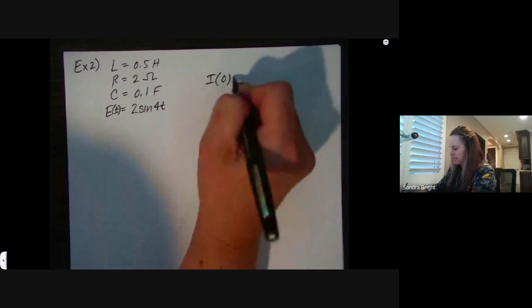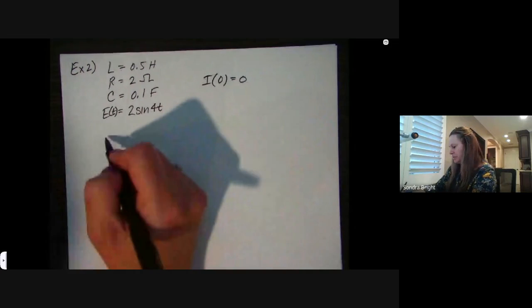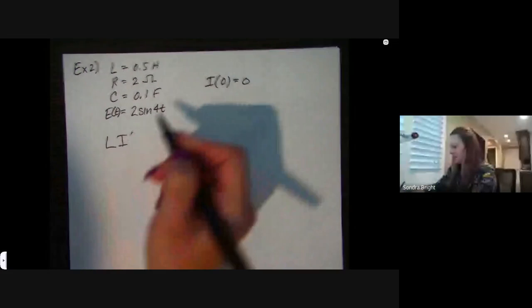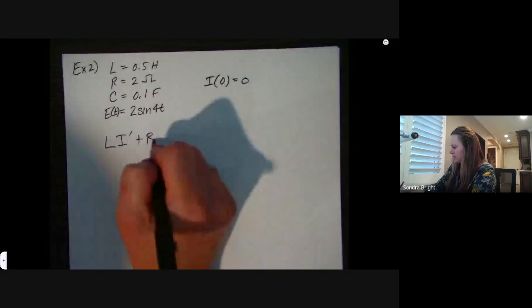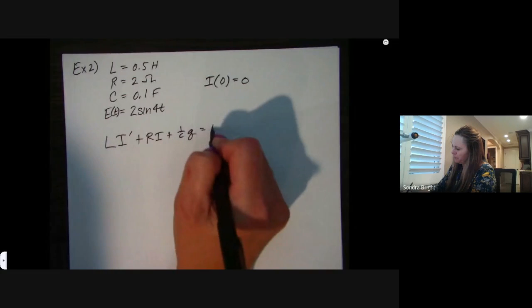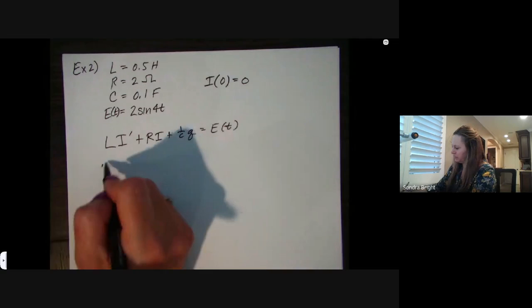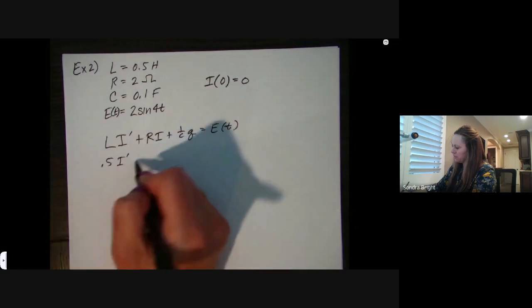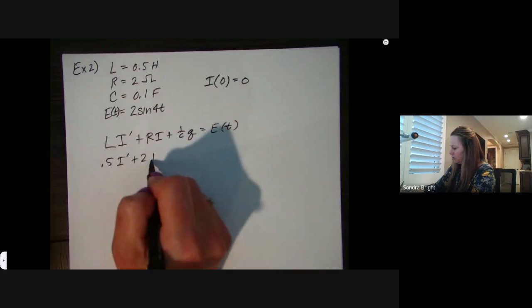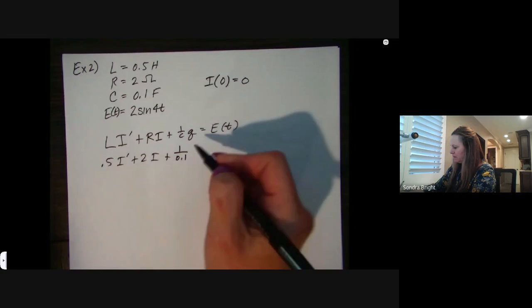Okay, so I'm plugging this into my equation, Li prime plus Ri plus 1 over CQ is equal to E. So this would be a 0.5 I prime plus 2I plus 1 over 0.1 Q, and that's equal to 2 sine of 4t.